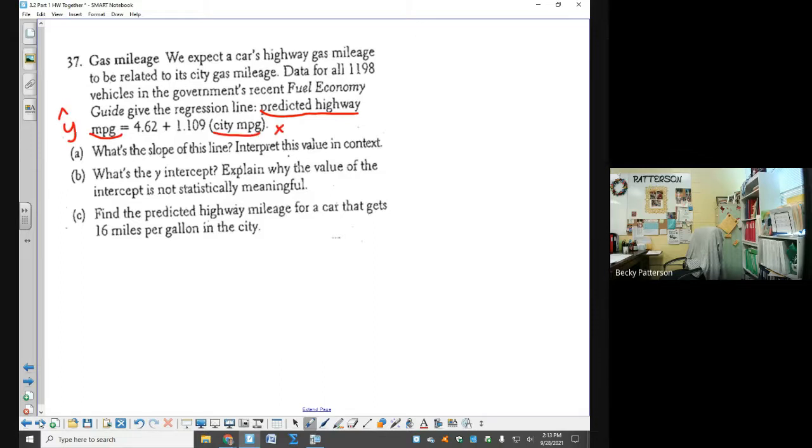What is the slope of the line? Interpret this value in context. What is the y-intercept? Explain why the value of the intercept is not statistically meaningful, and find the predicted highway mileage for a car that gets 16 miles per gallon city. Go, but go quick.